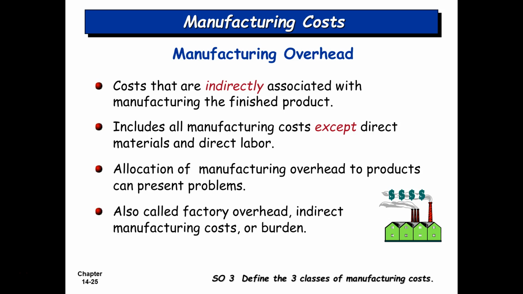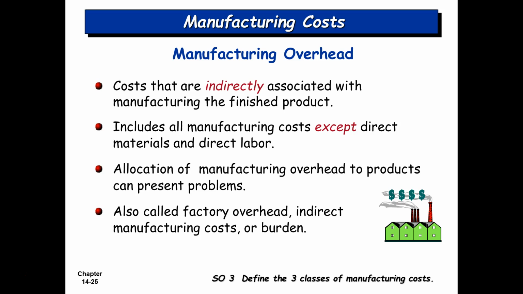Manufacturing overhead talks about costs that are indirectly associated with the manufacturing of the finished product. And it's kind of a catch-all. Notice what our slide does. It says, if you're not direct materials and you're not direct labor, you're a manufacturing overhead cost. So it works as a catch-all.